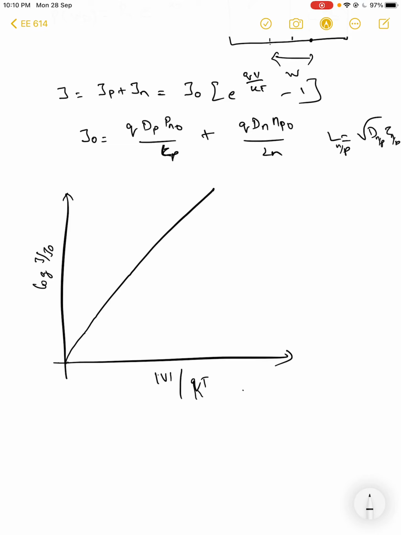And in reverse bias, it is going to be almost flat. So this is forward bias, this is reverse bias. At very small voltages, there is a small slope. Again, I am plotting the magnitude.